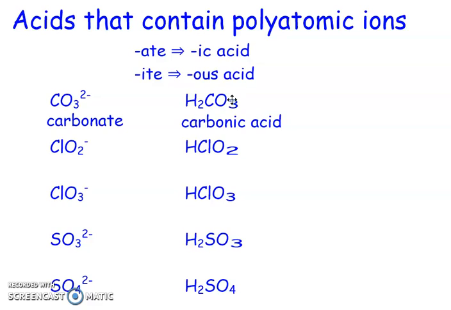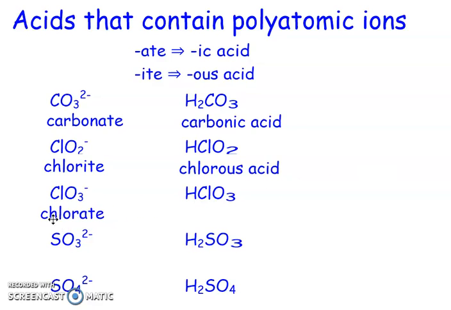Hydrogen has a +1, so when I crisscross those charges, I get H2CO3. The ClO2- polyatomic ion is chlorite. Well, the ending of ite changes to us acid. So chlorite becomes chlorous acid when I put enough hydrogens to make it neutral.